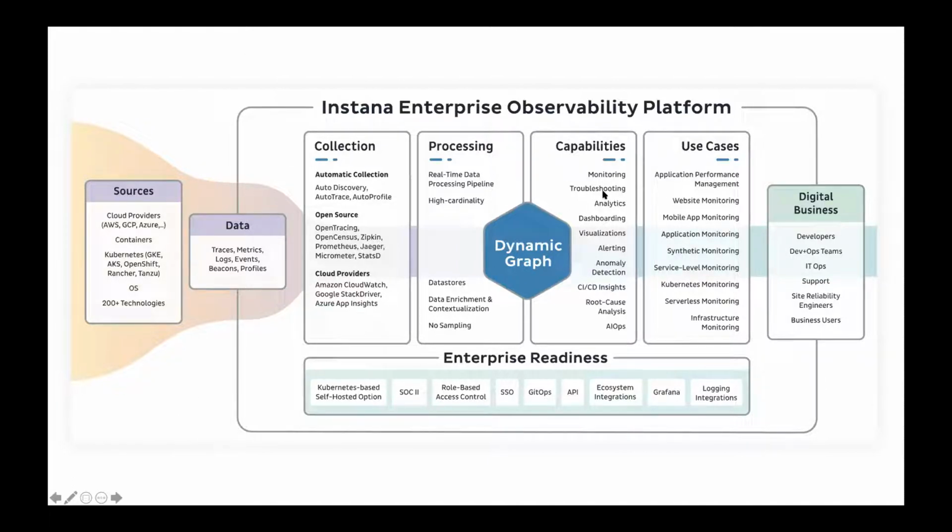Troubleshooting. Once you monitor and there is some issue with the information being shown, you understand what the root cause is. Analytics is also along the same line. Dashboarding and visualization is something we'll see in the demo, where you can have a dashboard and all that information.